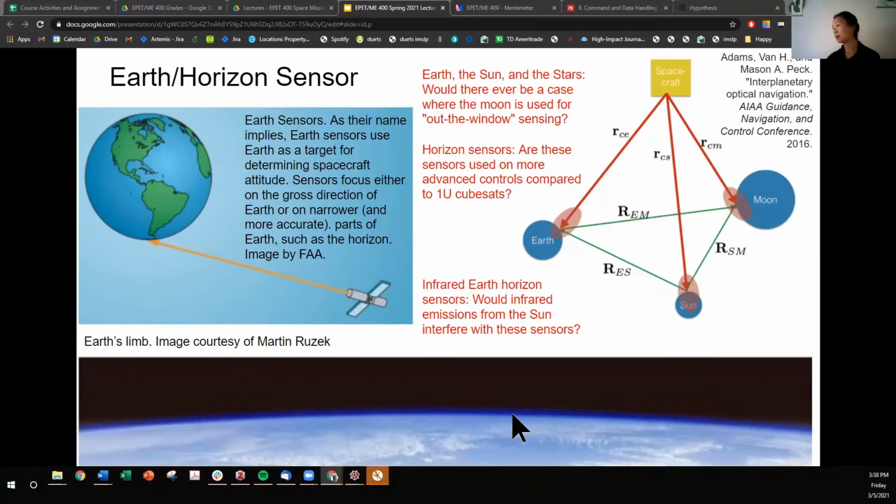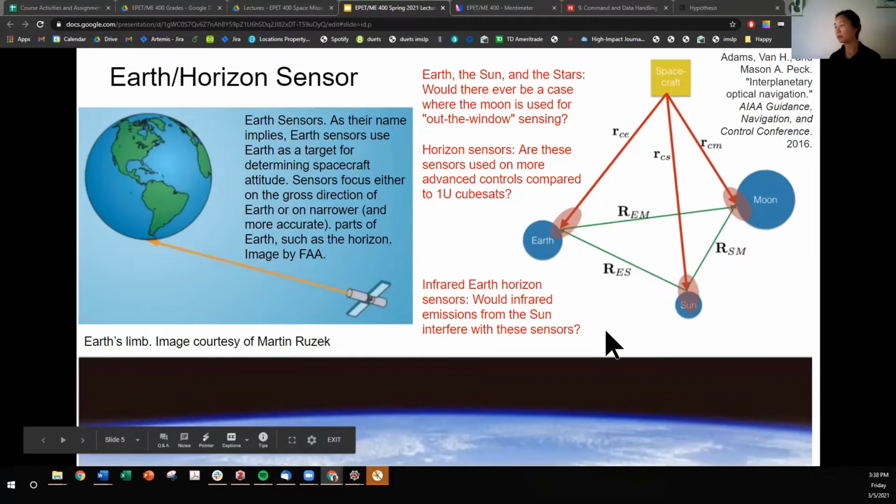Now some of these questions, why don't we approach this one first? There are infrared range Earth horizon sensors, and the question is, would infrared emissions from the sun interfere with these sensors? So yeah, indirectly, any kind of infrared emission, not specifically from the sun, but maybe even from the Earth, could interfere with these sensors.